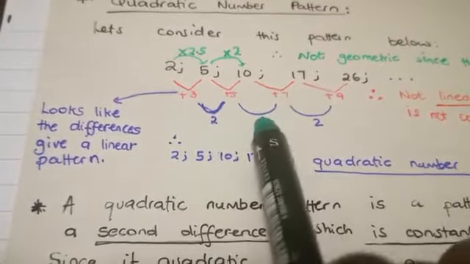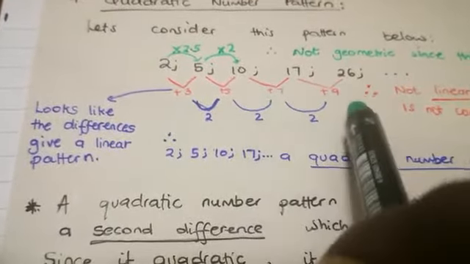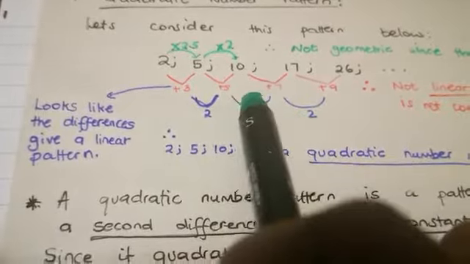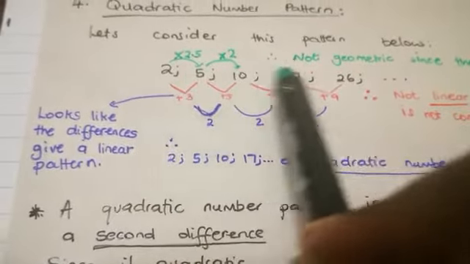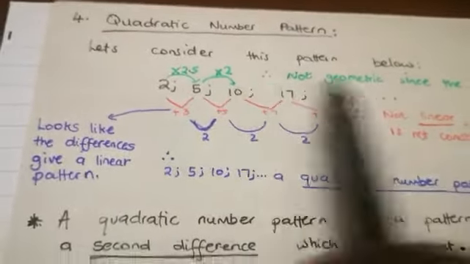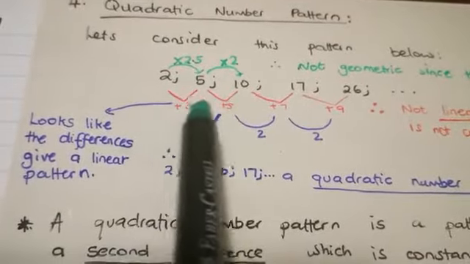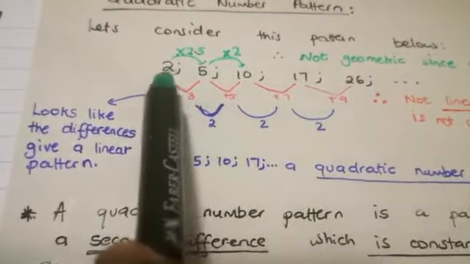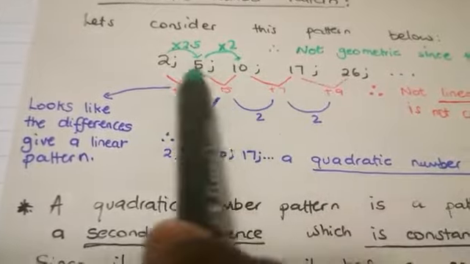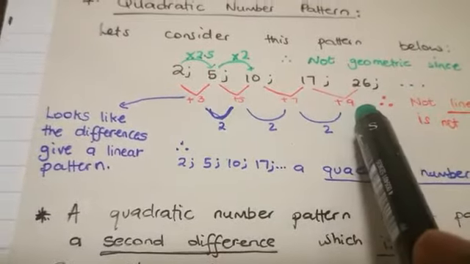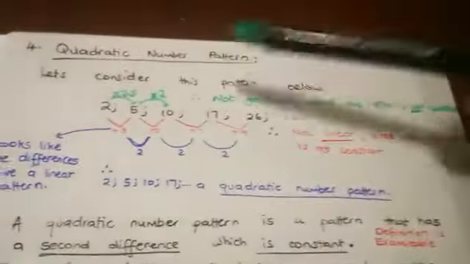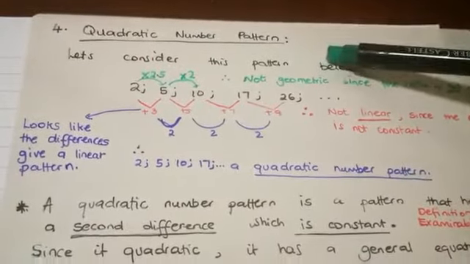From 5 to 7, I also add 2. And from 7 to 9, I also add 2. So this number pattern, which is not geometric and not linear, produces a linear pattern. If it produces a linear pattern, then we call it a quadratic number pattern.